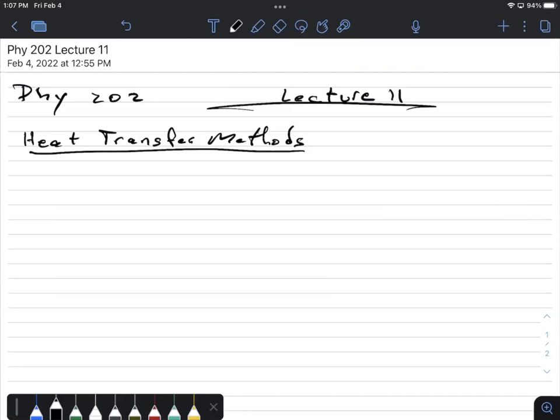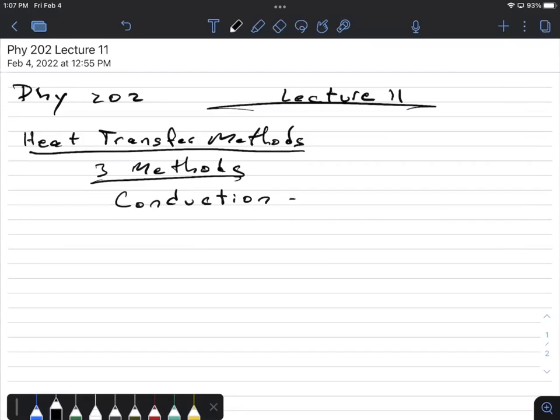And in fact, what we see is there's really three methods that we're going to discuss. Okay, the first is called conduction. Conduction is a method of heat transfer. So you're going to have two objects and you want the hot object to give energy to the cold object.